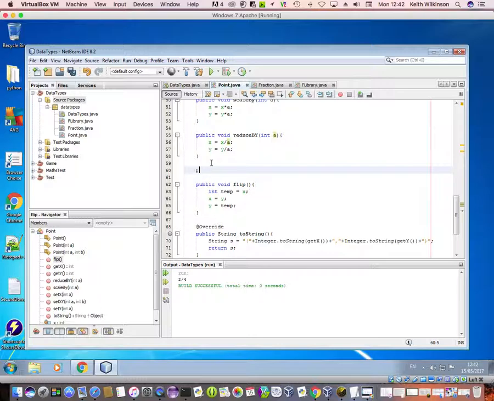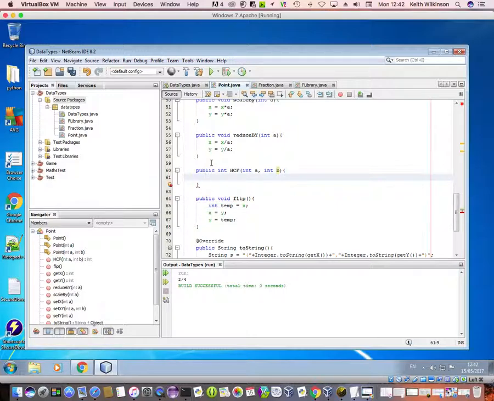So if I have a public method which returns an integer, and I call it HCF, I can send in the two values that I want to check, A and B. And I can return the highest common factor of A and B.